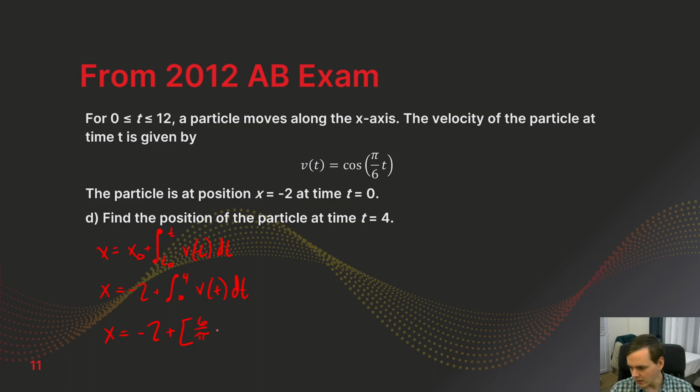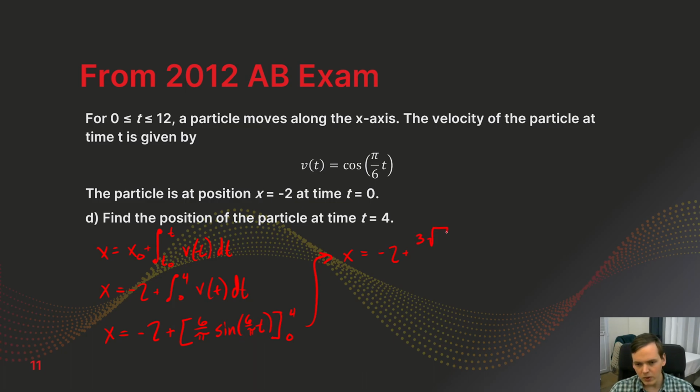But it's going to give us 6 over pi times sine of pi over 6 t, integrated from 0 to 4. I'm going to skip over the algebra because I'm hoping at this point you're comfortable with it. If you need help or support in working that out, let me know.